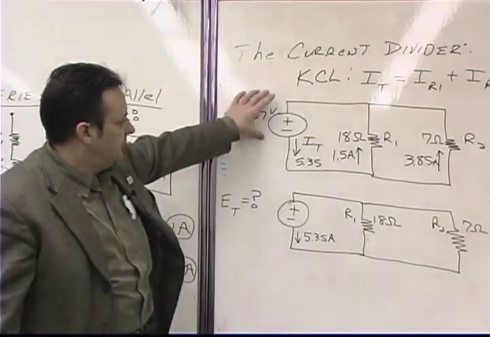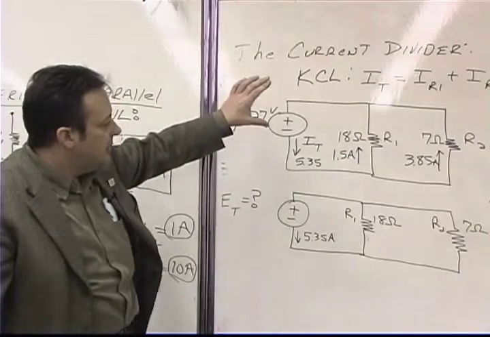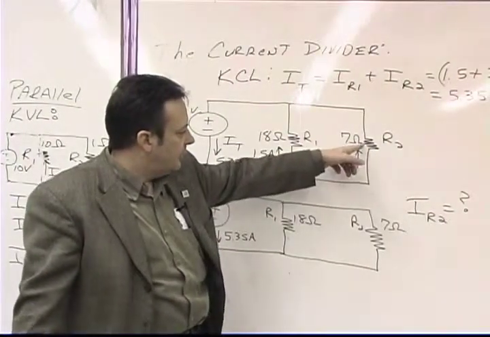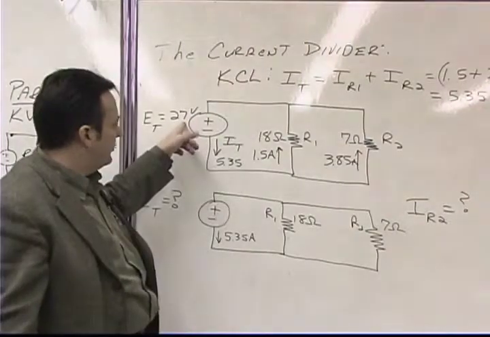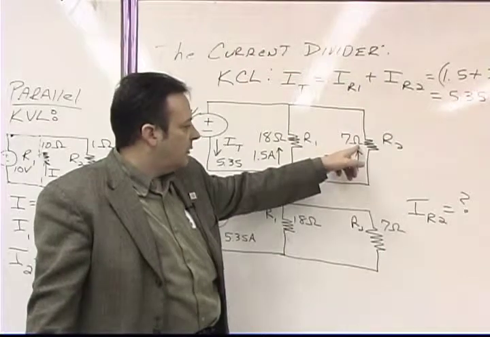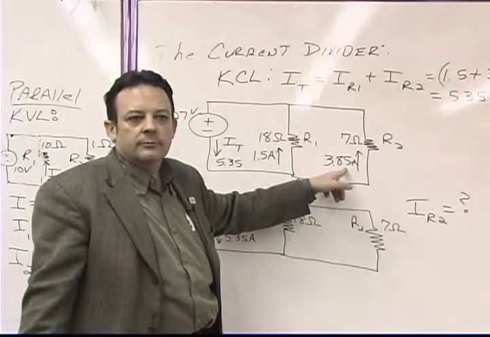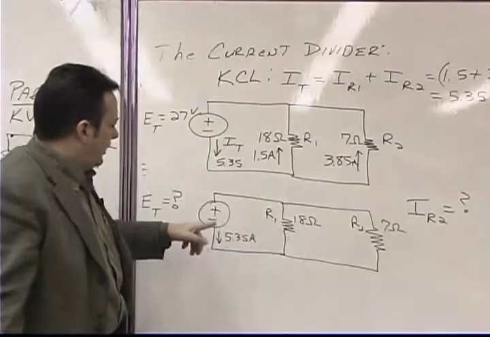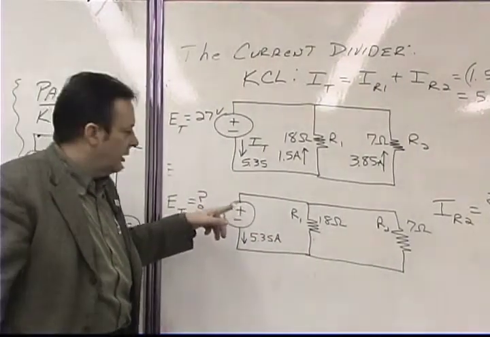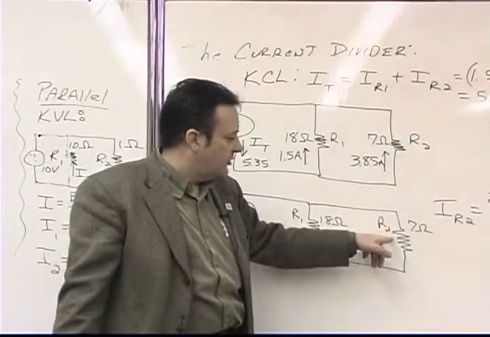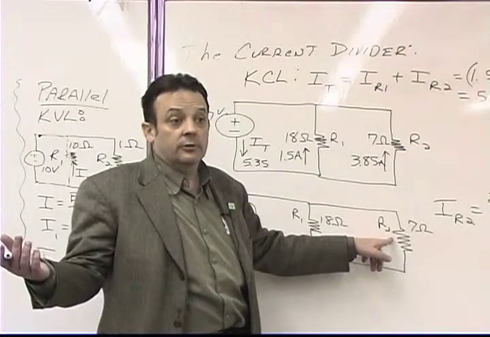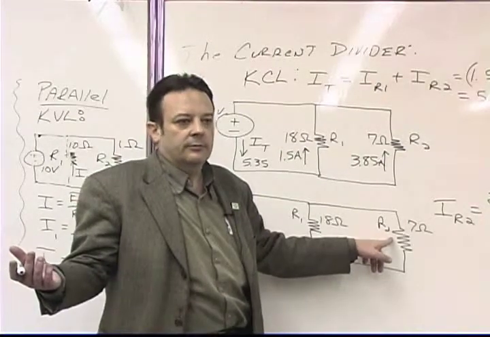If we knew the voltage, then we can immediately go to Kirchhoff's voltage law and say that the voltage here would be the same as the voltage here, and then we could use Ohm's law to figure out what this current is, right? But if they don't give us the voltage here, we don't have the luxury of being able to say that the voltage here is 27 volts or 25 volts or whatever it is, because we don't know. We don't know what it is, okay?